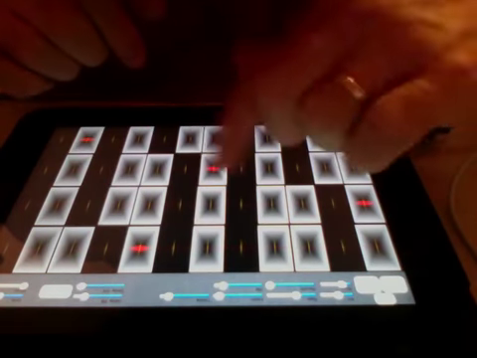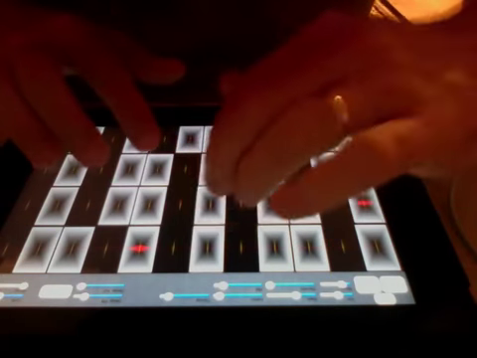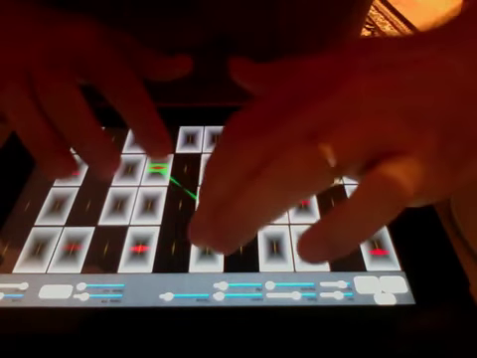I'm doing the same thing when I arpeggiate. I land on the bottom first when I'm going up, and land on top first when I'm going down.